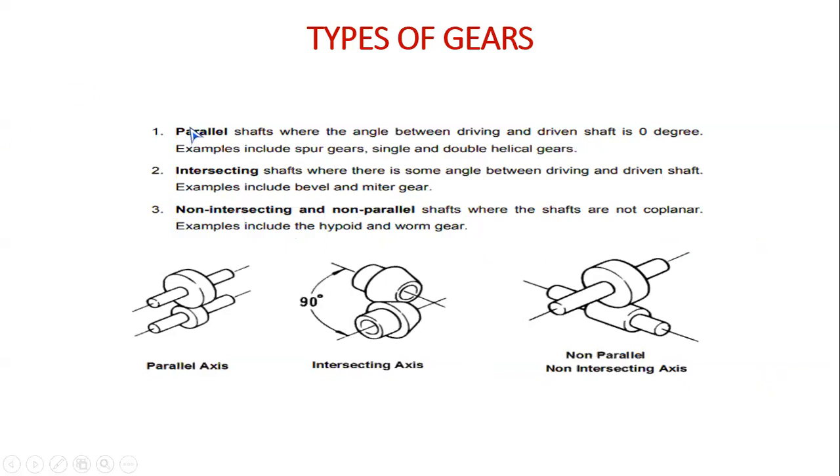All of you remember parallel, intersecting, non-intersecting, and non-parallel applications. Non-parallel, non-intersecting and intersecting axes are usually used in conversion of vertical drive into parallel drive, or parallel drive into vertical drive. With parallel axis, you can increase or decrease the speed by using gears.